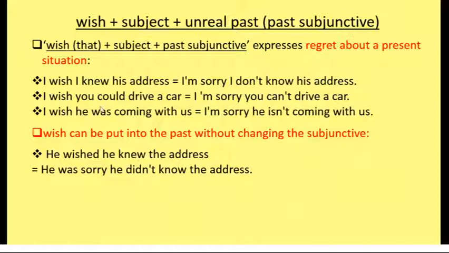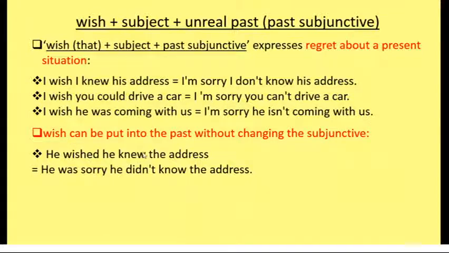Same is the case with the other 2 examples. I wish you could drive a car. This means, I'm sorry, you cannot drive a car. Regret in the present situation. I wish he was coming with us. This means, I'm sorry, he isn't coming with us. Again, the regret about the present situation.